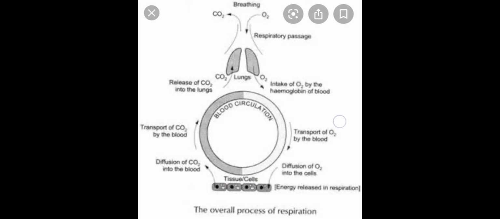In very simple words, hemoglobin is working like a taxi. From the lungs, the passengers are oxygen. When the passengers, which are oxygen, reach the level of tissue, the passengers move to the tissue, that is oxygen gets into the tissue, and the taxi, that is hemoglobin, remains in the blood only.